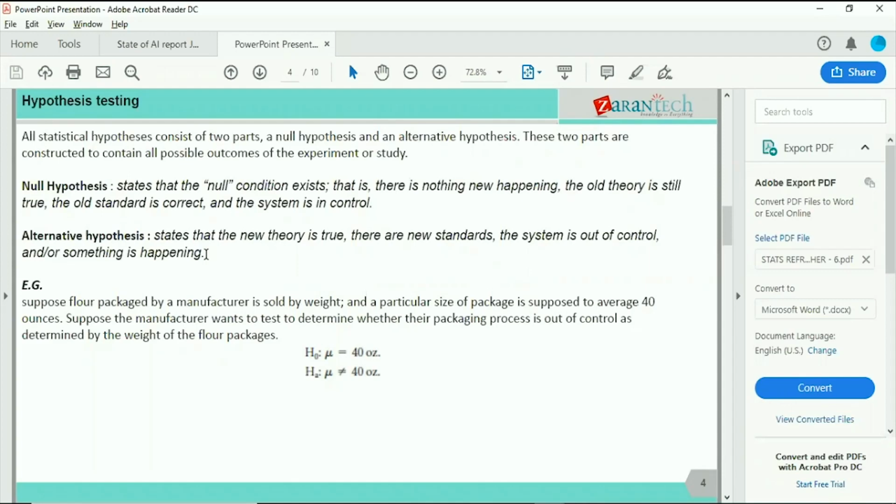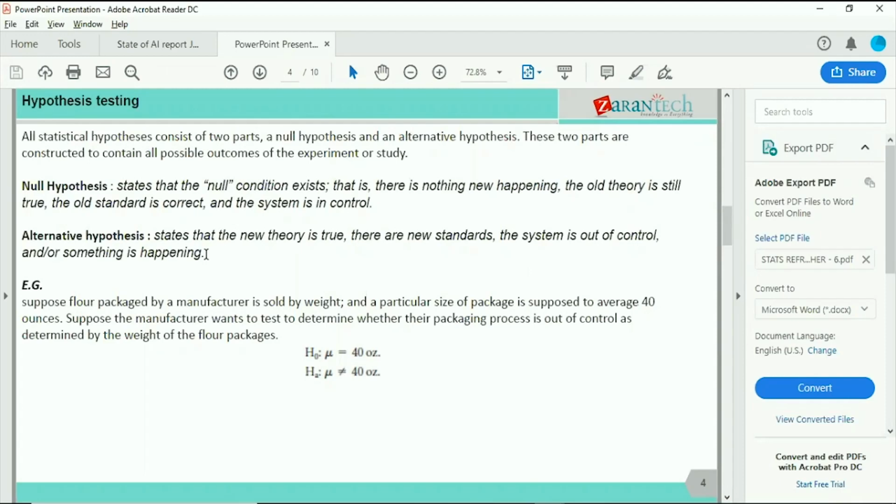As New Zealand is a very strong team, he'll make less than 50. The null hypothesis is he'll make 100, but the alternate hypothesis is less than 50. That is challenging the norm.